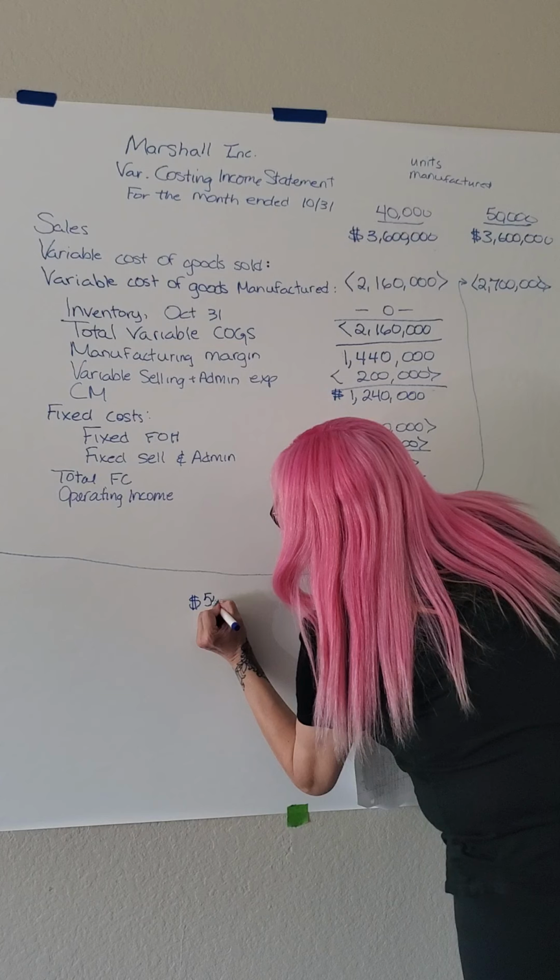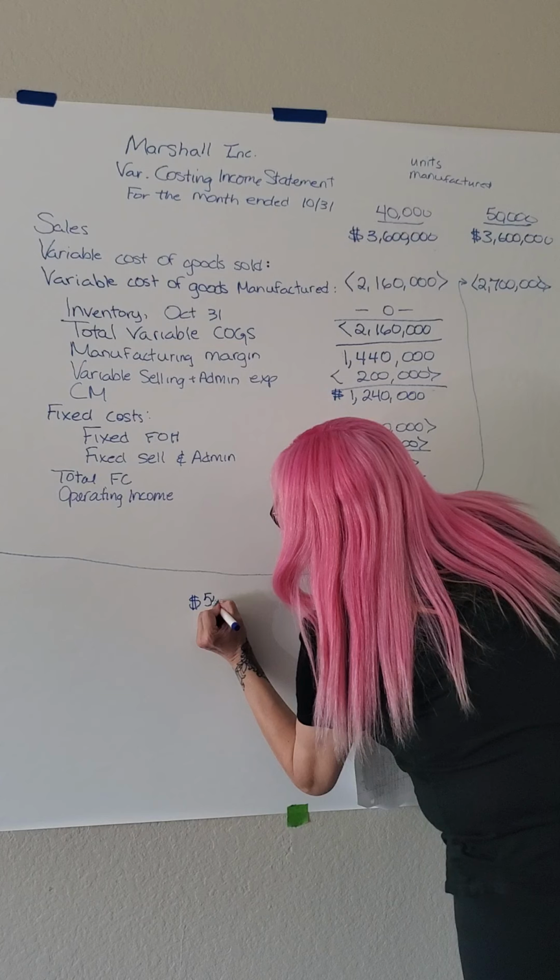So I'm going to pause 1 second just to erase some of this stuff on the board here. All right, last but not least, now we're going to do the variable costing income statement at 50,000 units manufactured. Remember, we're still only going to have $3,600,000 in sales because we haven't changed everything, and we haven't changed total sales.